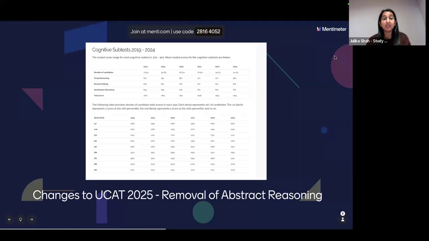For those of you who are sitting the exam this year, you might have noticed a change, and the results might also differ because that section has been taken out. For those of you in year 12, you're probably not going to be bothered by this much because it will be a year on from when it was first introduced, but this is the first year it's been taken out. So when you're practicing for the UCAT, if you look at old past paper questions, just ignore anything that talks about abstract reasoning.